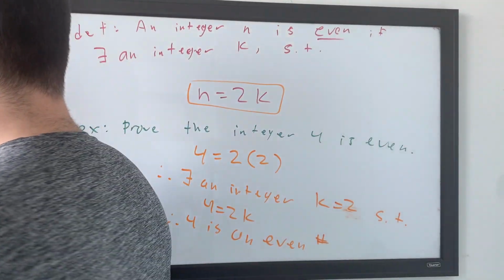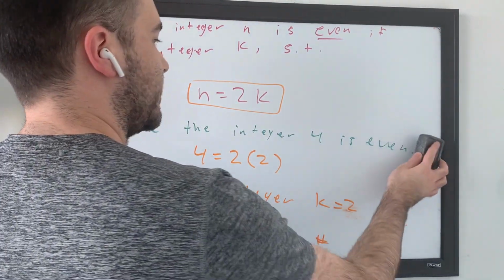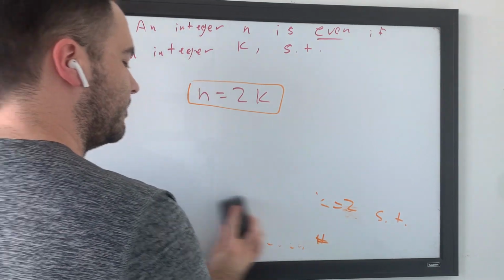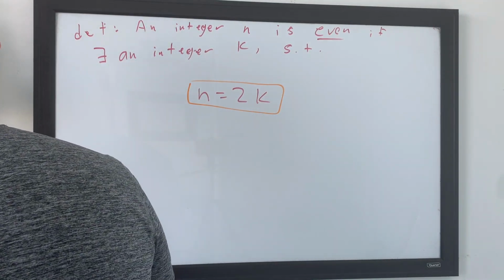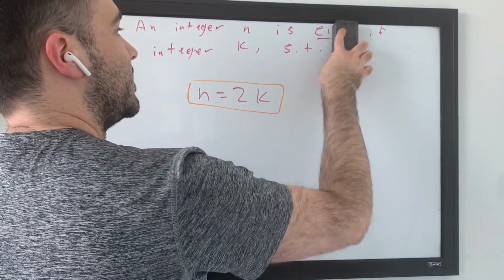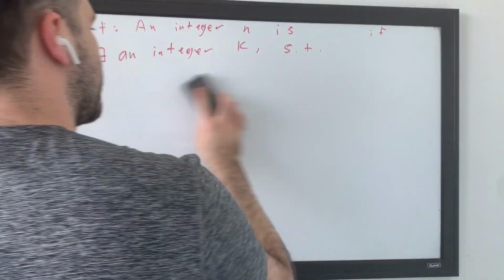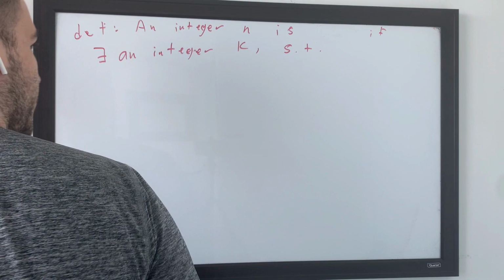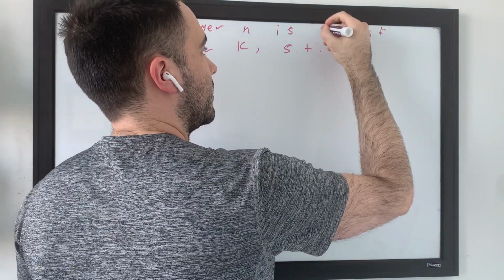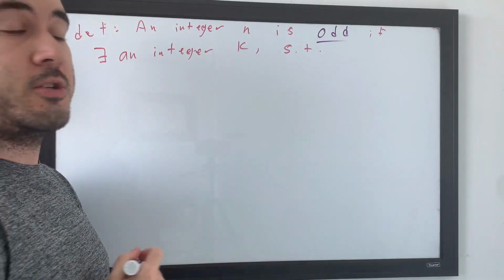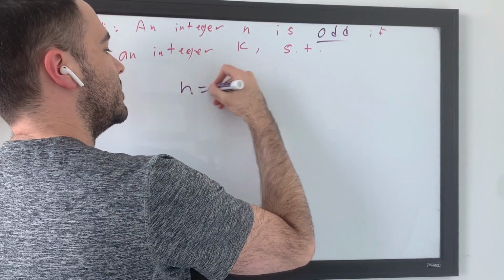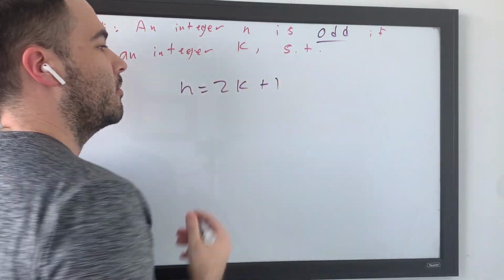Okay, now that we've done even, let's now do odd. The definition is going to be very similar. We say an integer n is odd if there exists another integer k such that n is equal to 2k plus 1.